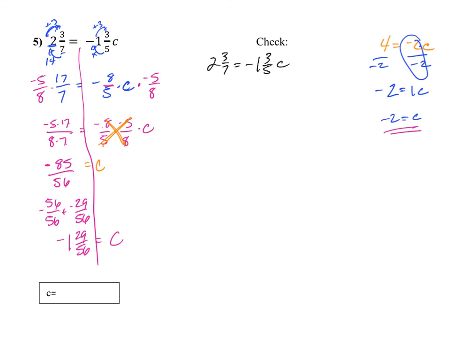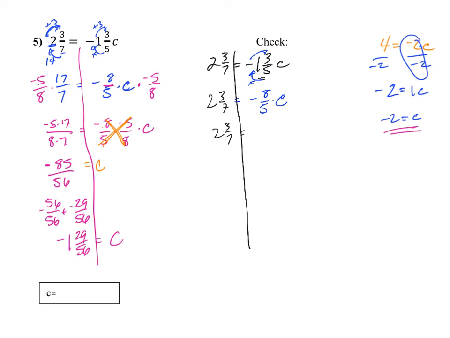Now I'm going to double check this, and not just trust my math from before. I'm going to redo it: 5 times 1 is 5, plus the 3 is negative 8 fifths times c equals 2 and 3 sevenths. And then I'm going to substitute.